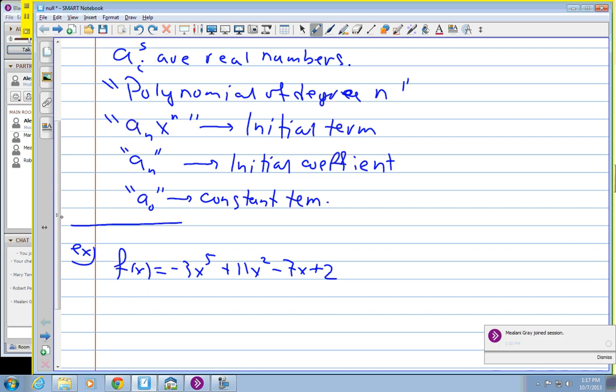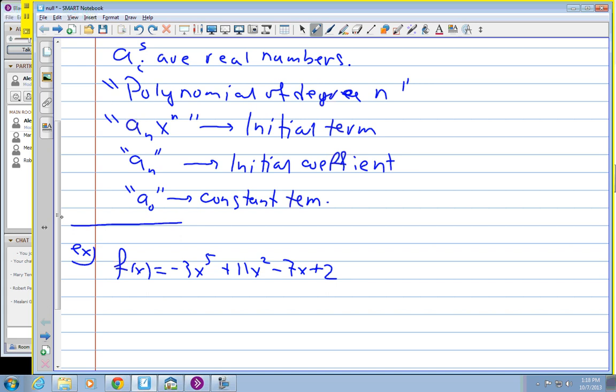There are no variables in the denominators. So things that look pretty. Okay? Does that make sense? So no fractional exponents, no negative exponents, positive integer exponents. Okay? Now, can you tell me the degree of this polynomial?